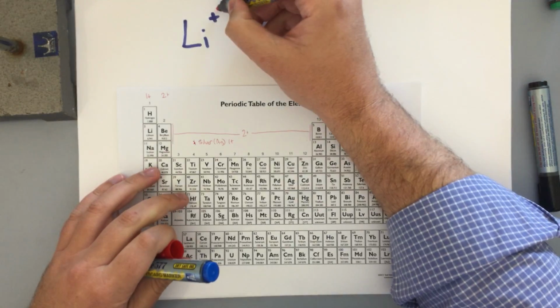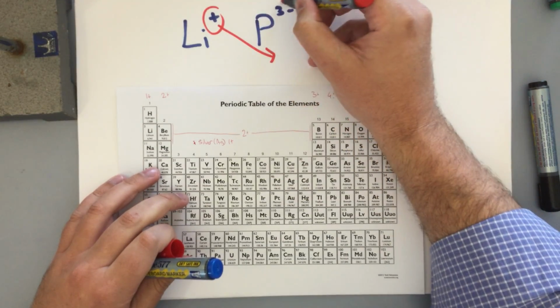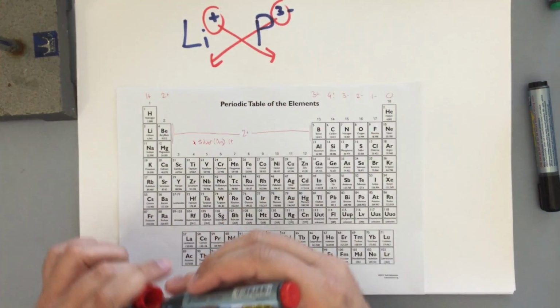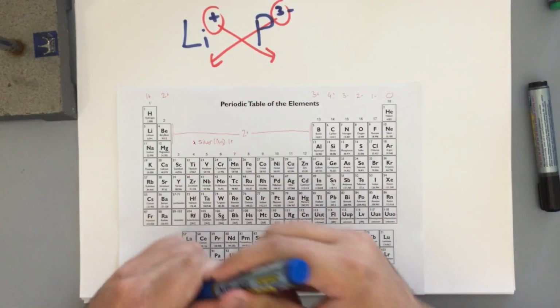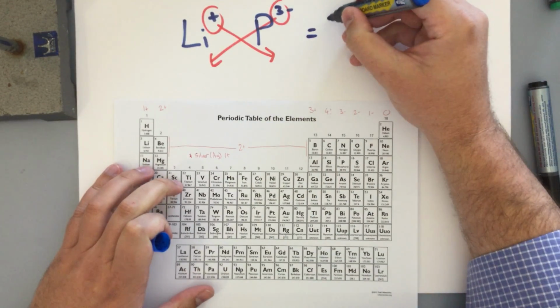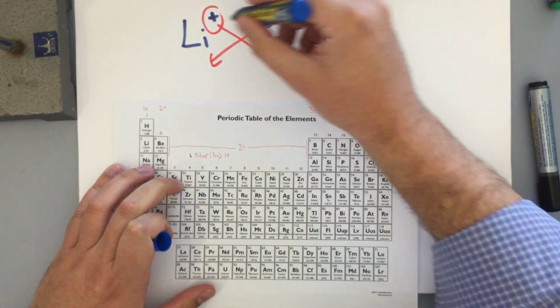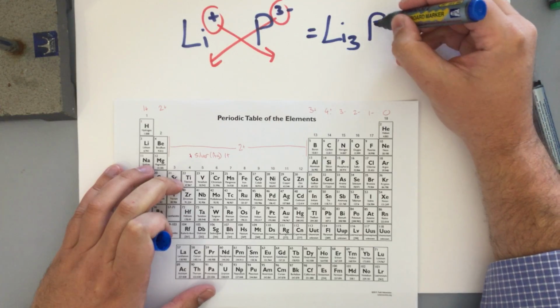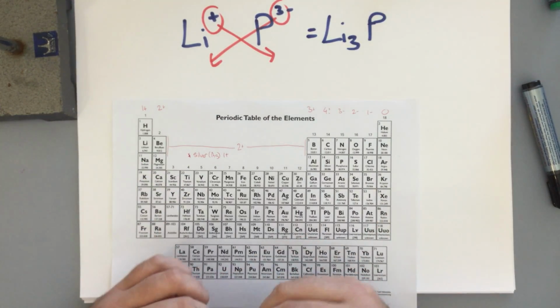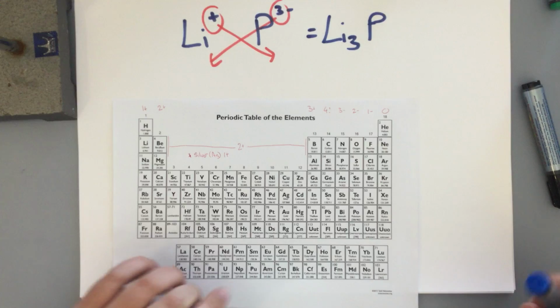So we can swap and drop again. And that will give us lithium 3, phosphide just the 1. So lithium phosphide would be written that way.